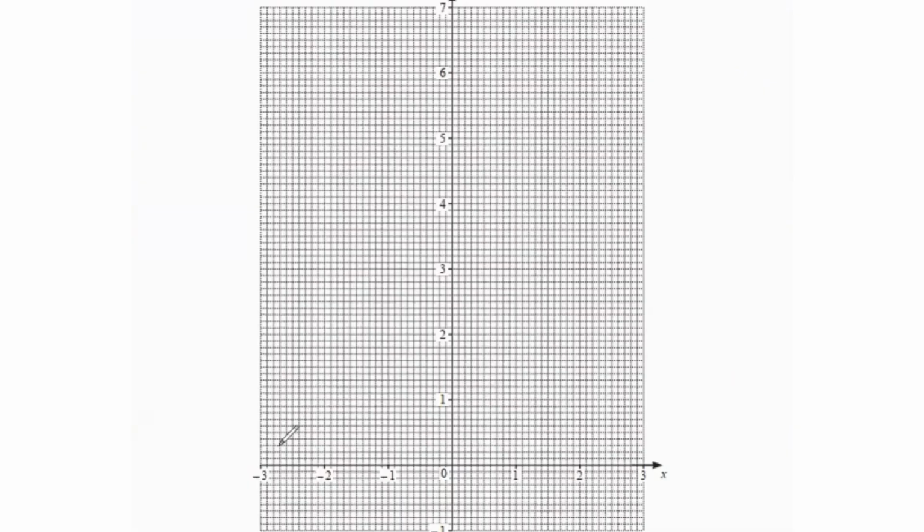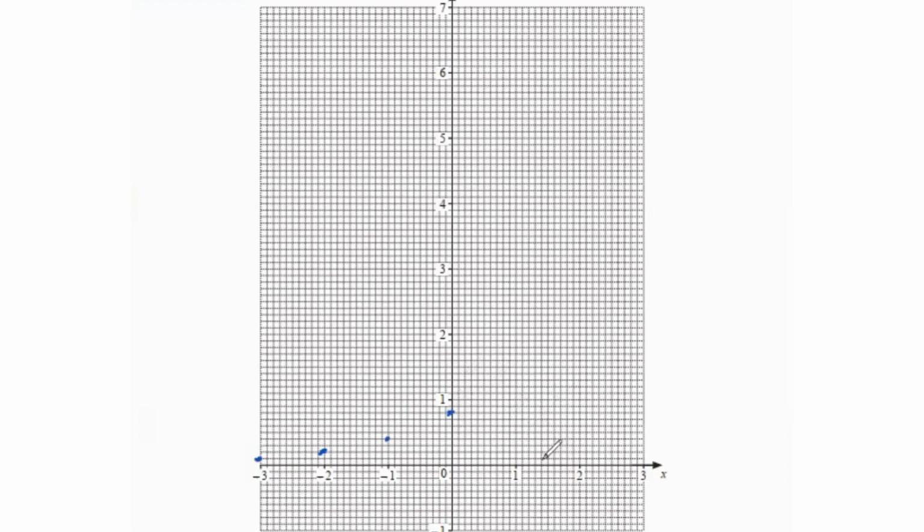So let's plot this now. -3 and 0.1, that's going to be over here. -2 and 0.2, that's over here. -1 and 0.4, that's over here. 0 and 0.8, that's going to be over here.